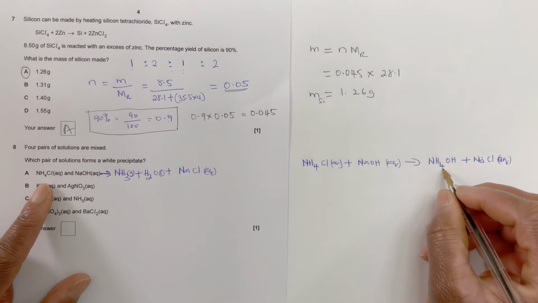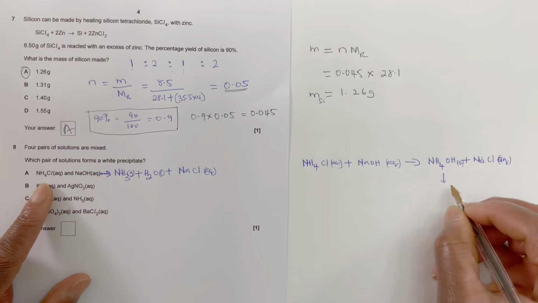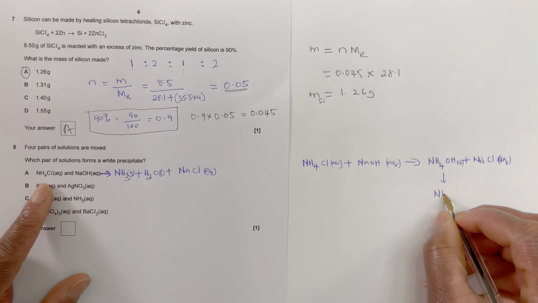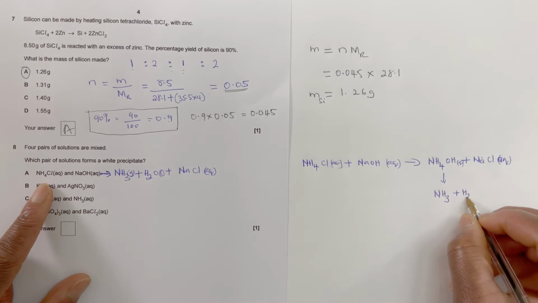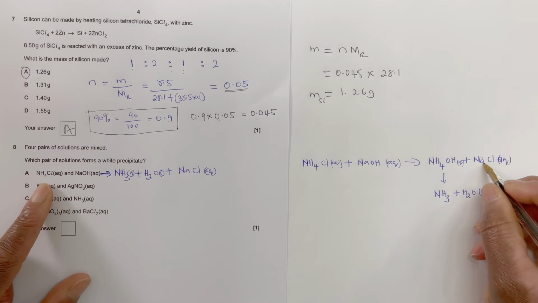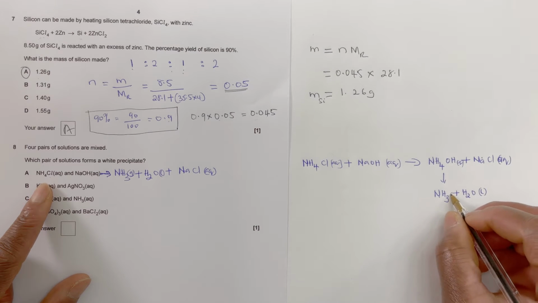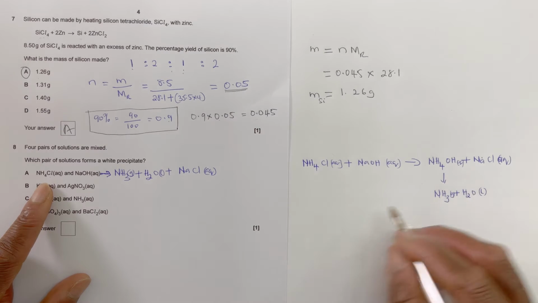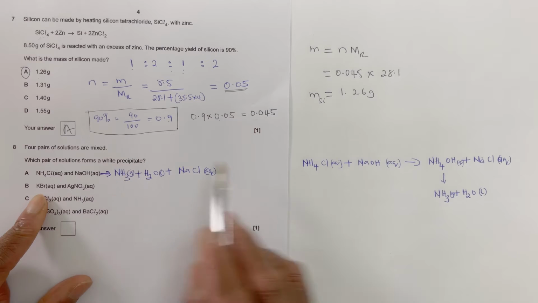But the ammonium hydroxide itself, which is aqueous, will dissolve to form ammonia plus water. And water is liquid. The salt will dissolve in water. This is a gas, so that will escape. So that's not what we want. That's not going to be a white precipitate.